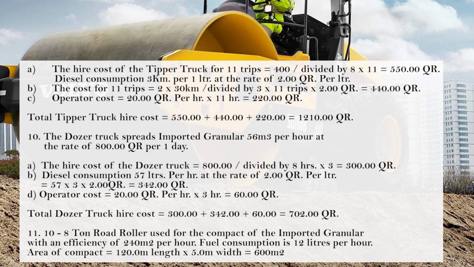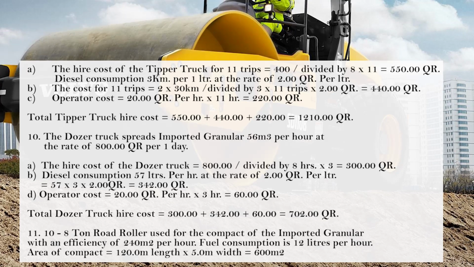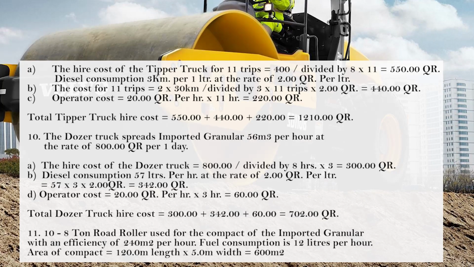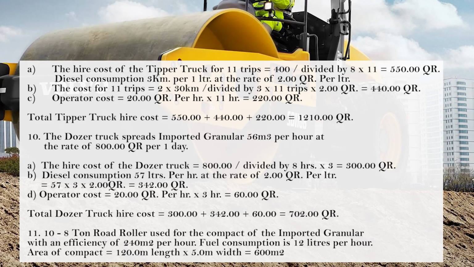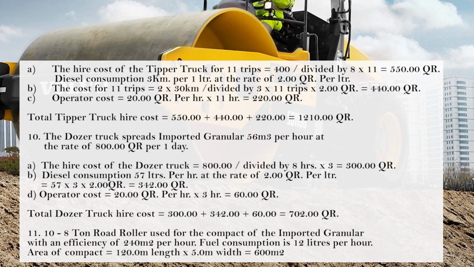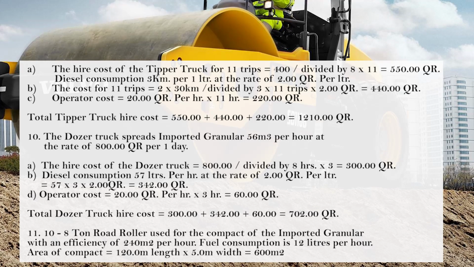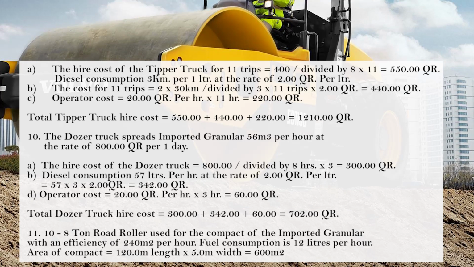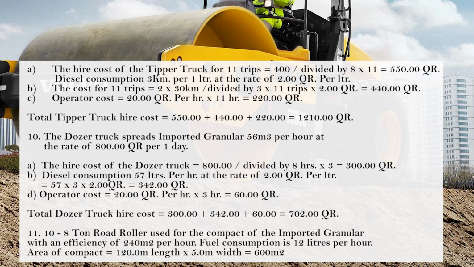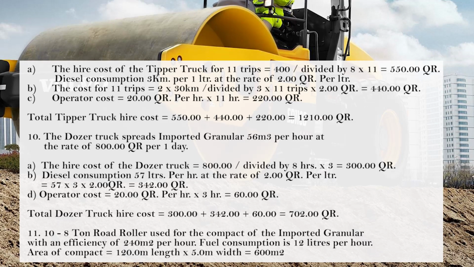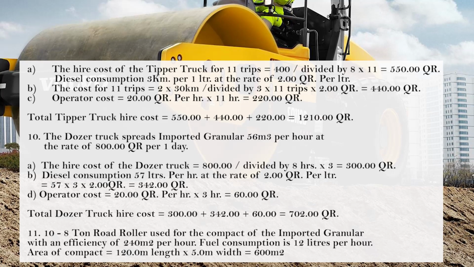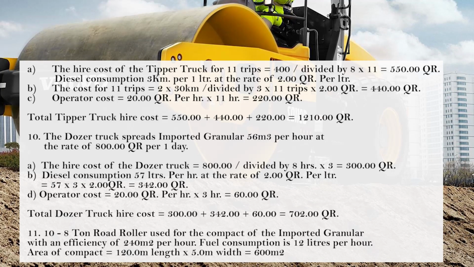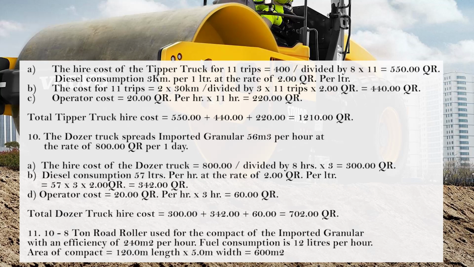B. Diesel consumption 57 liters per hour at the rate of 2 Qatar riyal per liter equals 57 into 3 into 2 Qatar riyal equals 342 Qatar riyal. D. Operator cost 20 Qatar riyal per hour into 3 hours equals 60 Qatar riyals. Total dozer truck hire cost equals 300 plus 342 plus 60 equals 702 Qatar riyal.